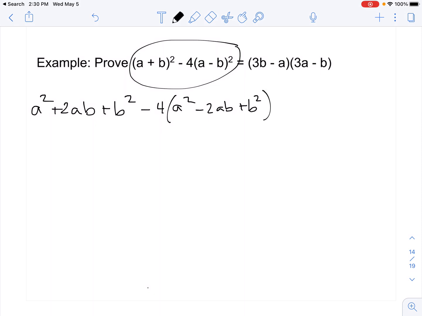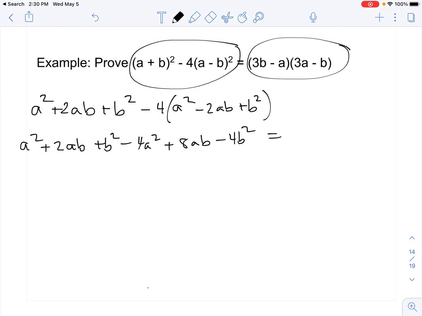And from here, I can distribute. And then on this side of the equation, I can multiply this binomial out. So I get 9ab minus 3b squared minus 3a squared plus ab.